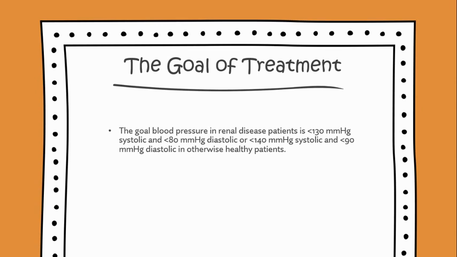The goal of treatment. The goal blood pressure in renal disease patients is less than 130 millimeters of mercury systolic and less than 80 millimeters of mercury diastolic, or less than 140 millimeters of mercury systolic and less than 90 millimeters of mercury diastolic in healthy patients.